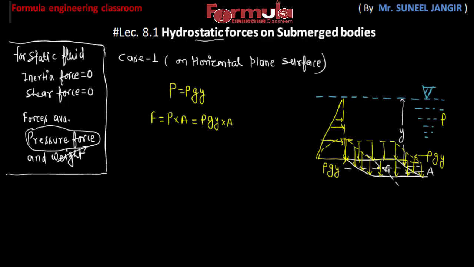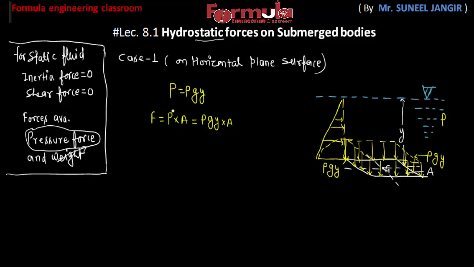You can notice I am multiplying pressure by the area directly because in this case the pressure is uniform throughout the surface. But if the pressure is not uniform, you can't multiply pressure directly by the area.